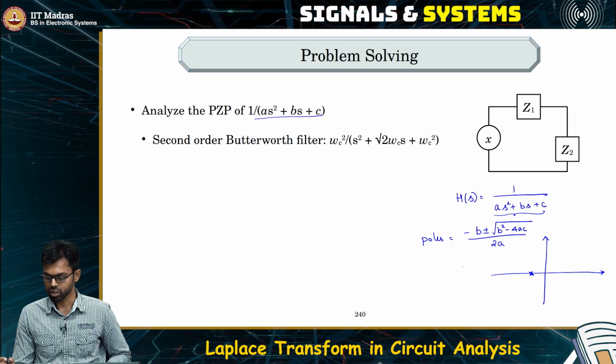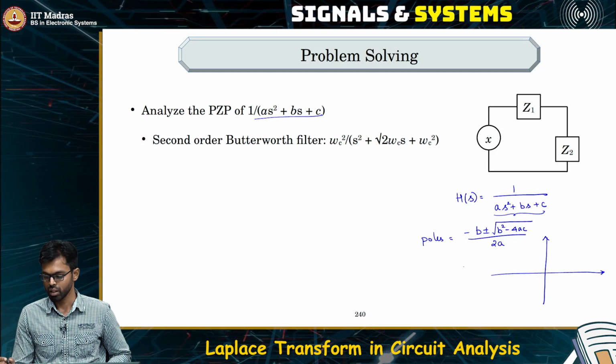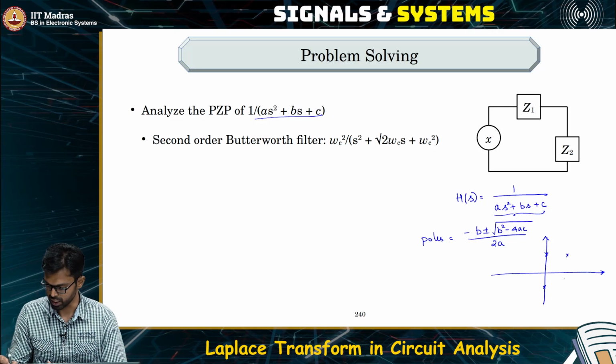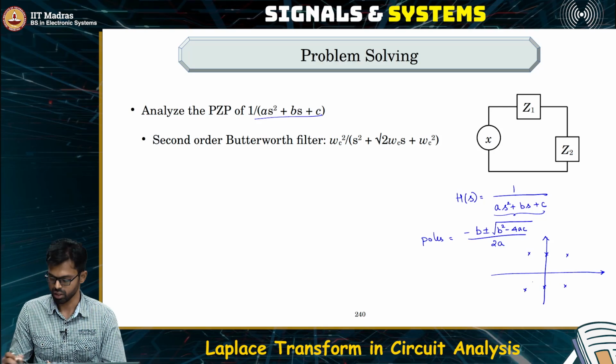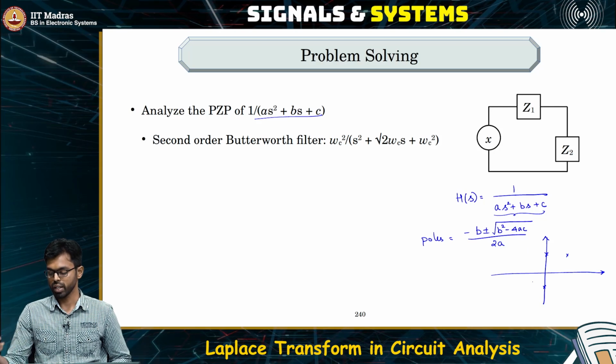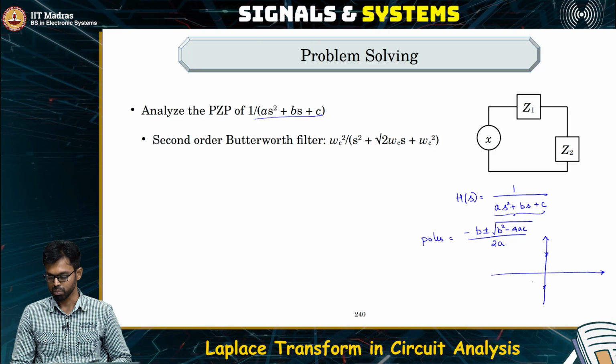So if there are complex conjugates, then probably we can have something like this, or something like this. So these are the possible cases. Either we can have purely real poles, or we can have complex conjugates as poles.